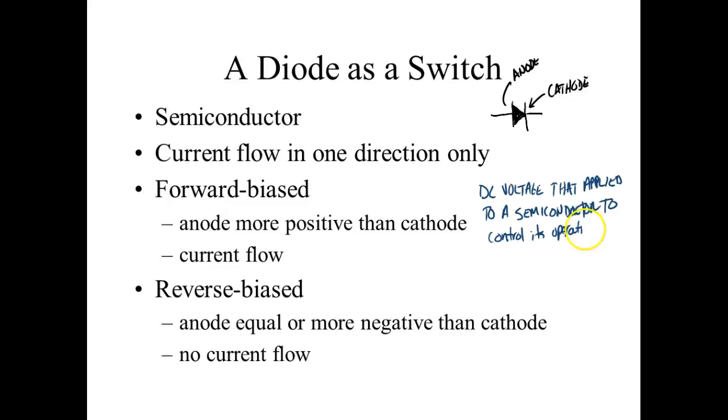And we have two types of bias. We have what we call forward bias and reverse bias.